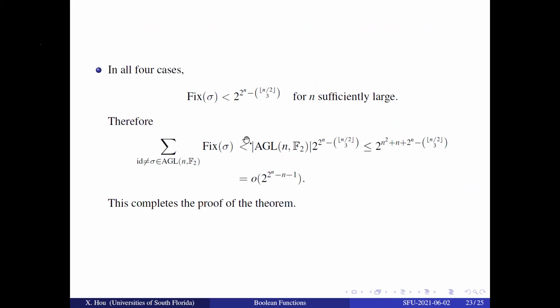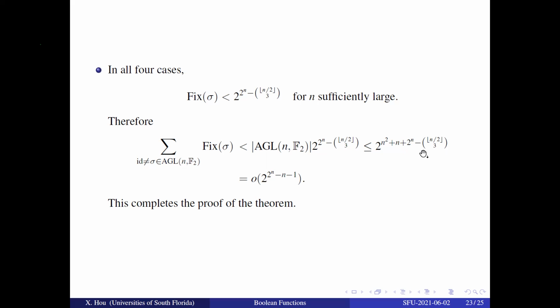So how many terms? Actually, the order of the group minus 1, but I don't really worry about that 1. I just say the order of the group. And then each term is at most this. The order of the group is 2 to the power n squared plus n. And then you have this part.